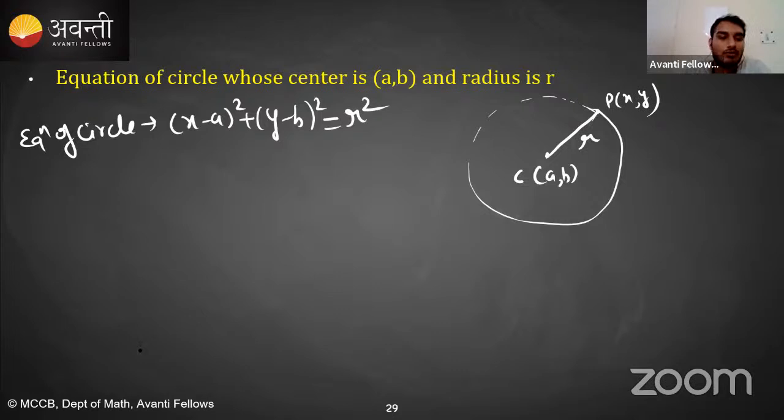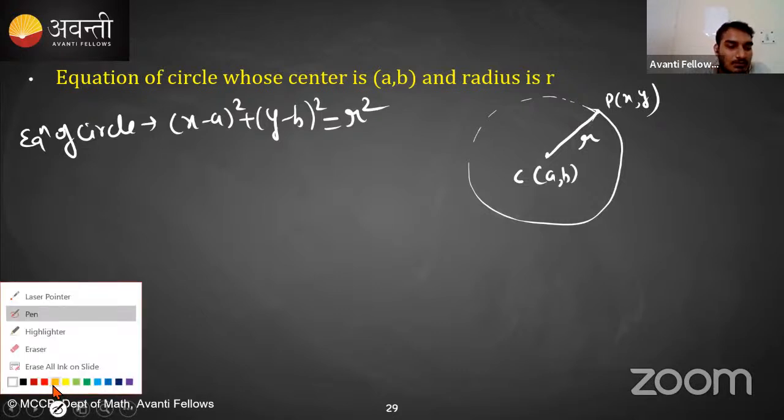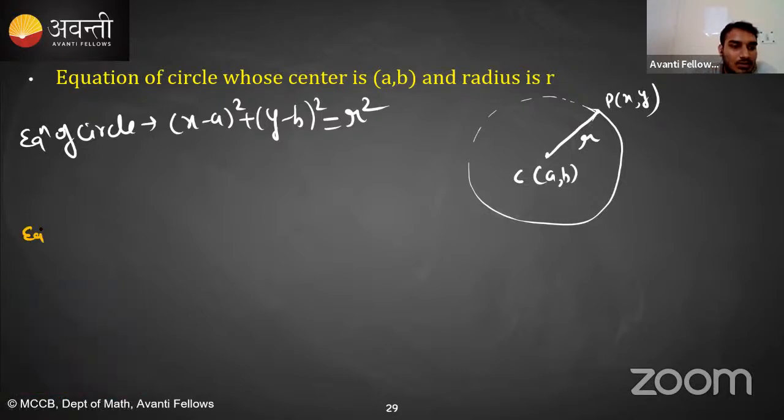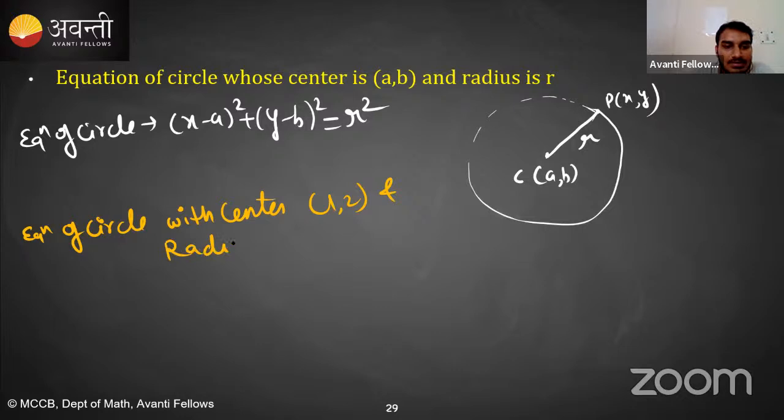Equation of circle. So let's say, for example, if I ask you equation of circle with the center, let's say with center 1, 2 and radius 7. How you will tell me? Solution.